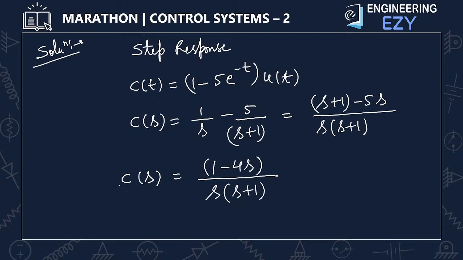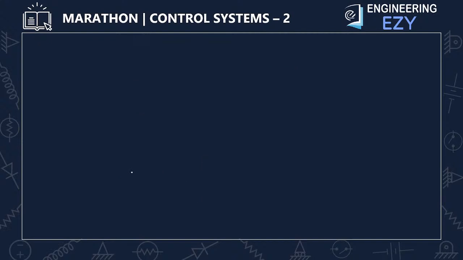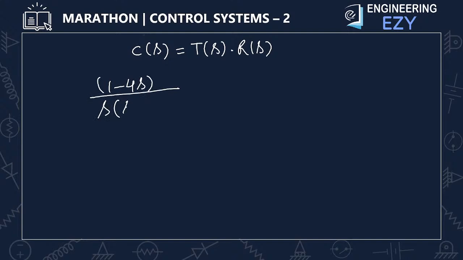Once we have C(s), it can be written as T(s) into R(s), and T(s) is nothing but the transfer function or impulse response. So T(s) into R(s) equals C(s), which we calculated as 1 minus 4s upon s(s plus 1). R(s) is 1 by s, so s cancels out on both sides. So what is T(s)?